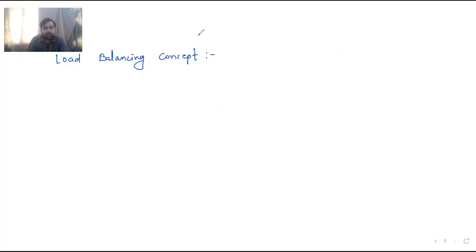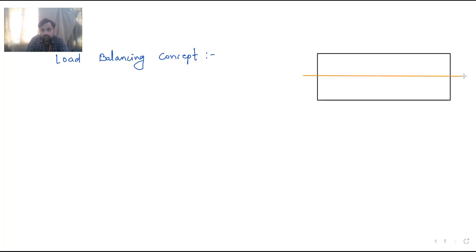Now again, if you see the diagram, this is the neutral axis, then this is the tendon, and this eccentricity is 140.